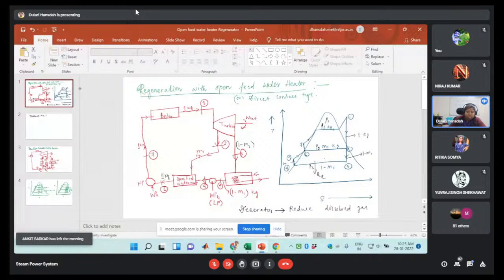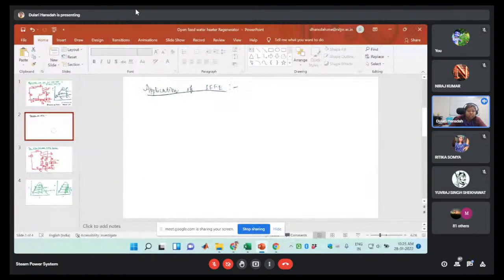Due to the use of the feed water heater, we are going to write down the enthalpy at the inlet and outlet. These two are inlets to the heater, and this one is the outlet. So let me write down that equation for the heater.